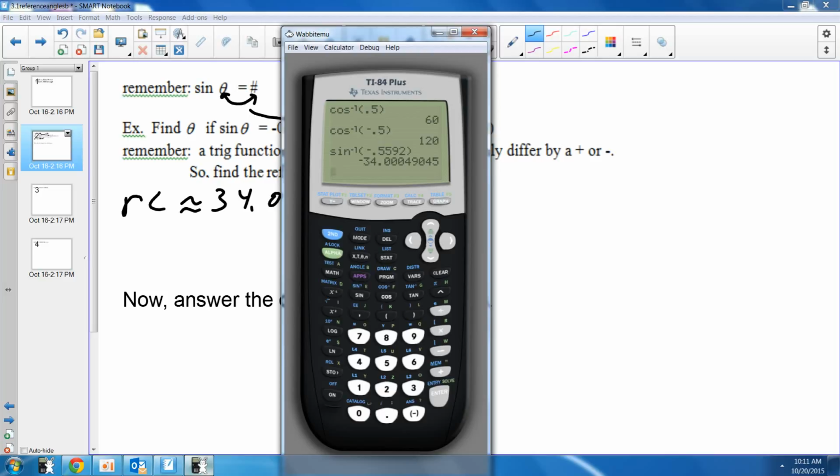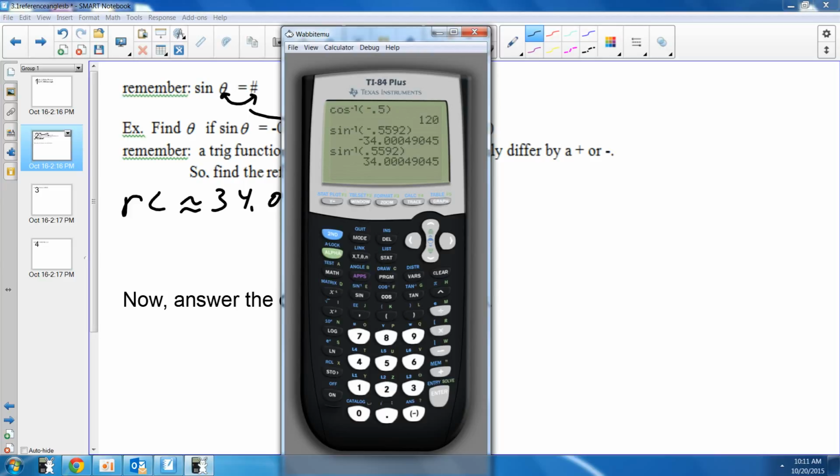So if you take the absolute value of what's in parentheses there, it'll always give you a reference angle. For example, if I go back and say, you know what, I'm going to change that just so it gives me my reference angle for the time being, I know that the reference angle is going to be this.